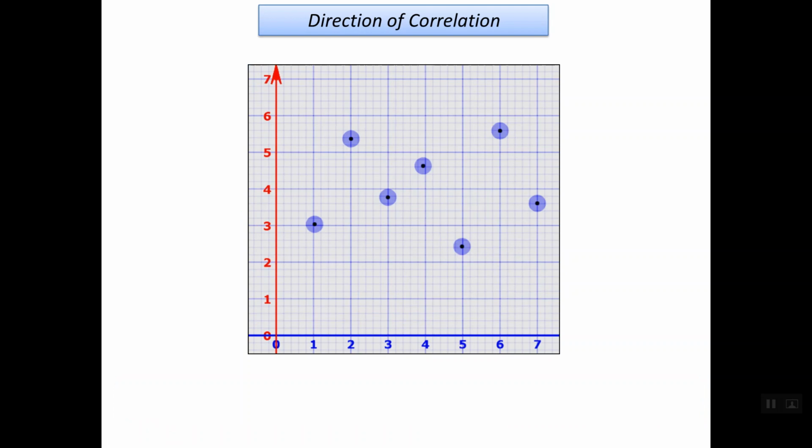Sometimes we can't predict the trend of the points on the coordinates, like what we have here. For example, sometimes as the independent variable increases, the dependent variable sometimes increases and sometimes decreases.